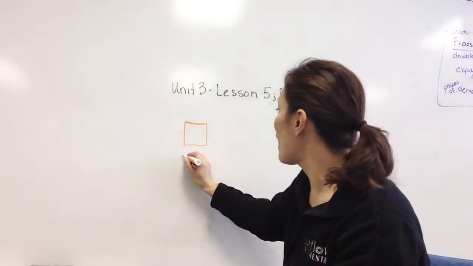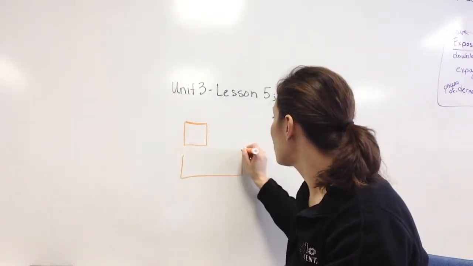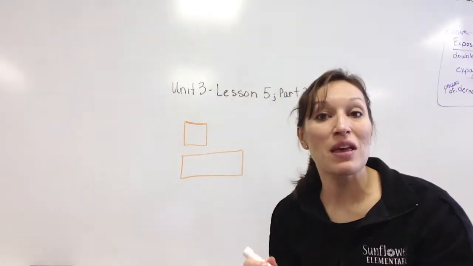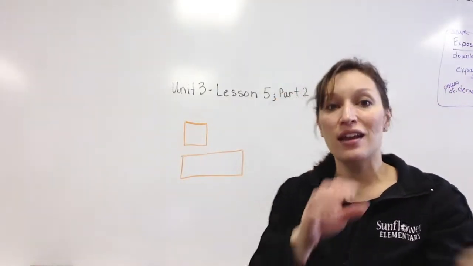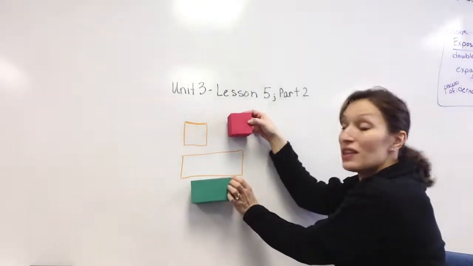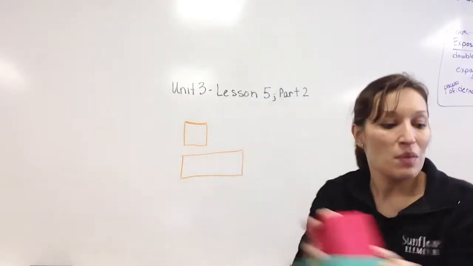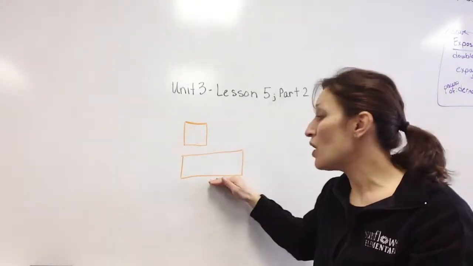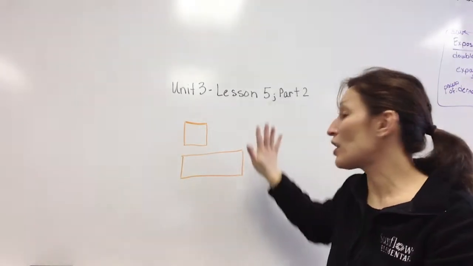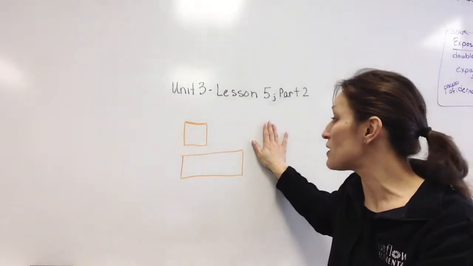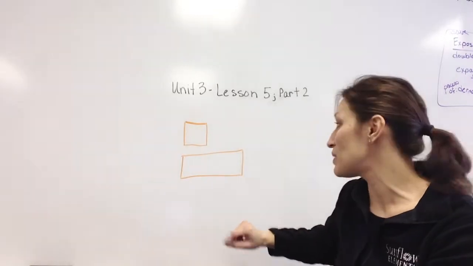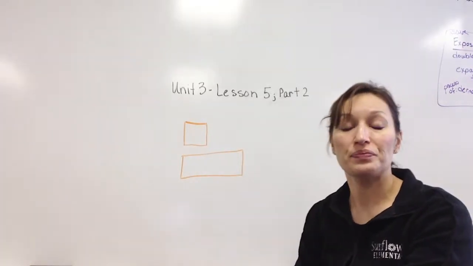And let's look at the rectangle. This is making me think about what I just did with the cube and the rectangular prism. But this time I'm not using anything with height. I'm only talking about shapes that are flat on the surface, so I'm only talking about 2D shapes, the square and the rectangle.